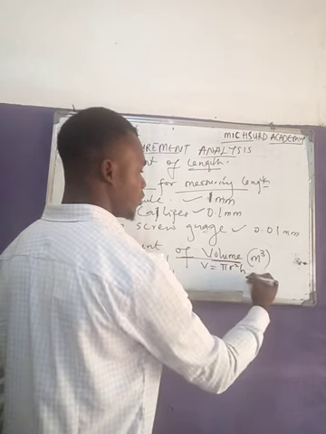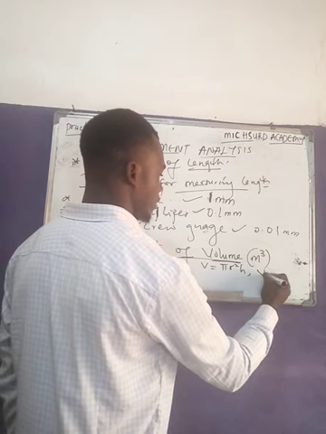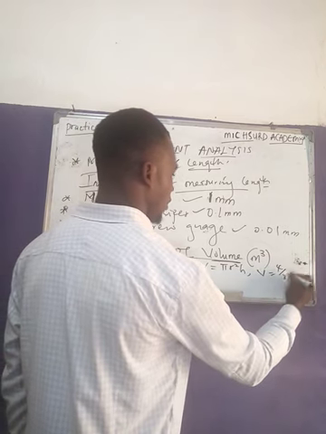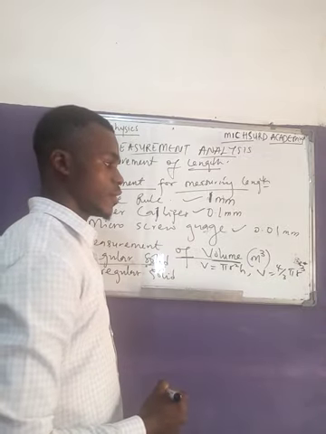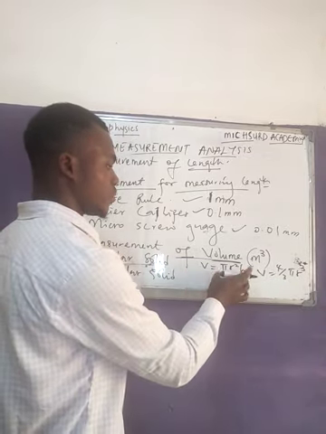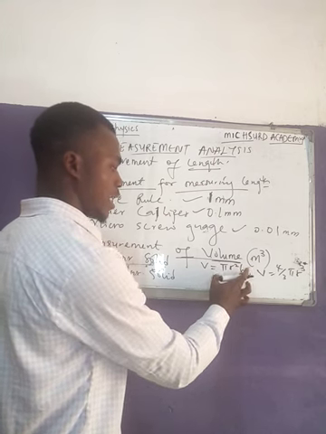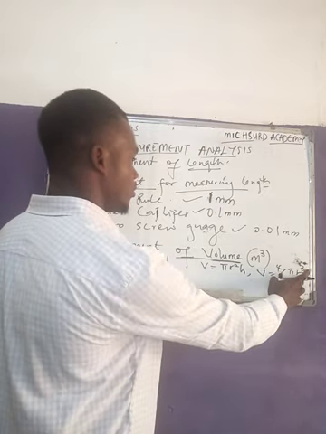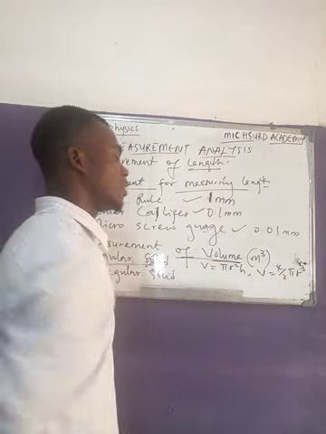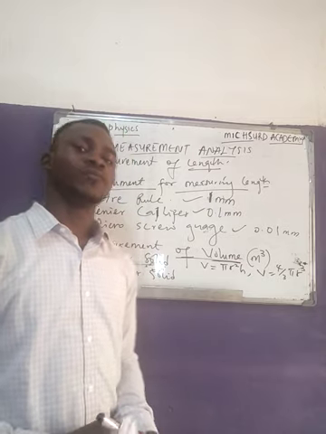The volume of a sphere is equal to 4/3 pi r raised to power 3. So with this formula, once we know the radius and the height, we can calculate the volume of the cylinder. Once we know the radius of the sphere, we can calculate the volume of the sphere.